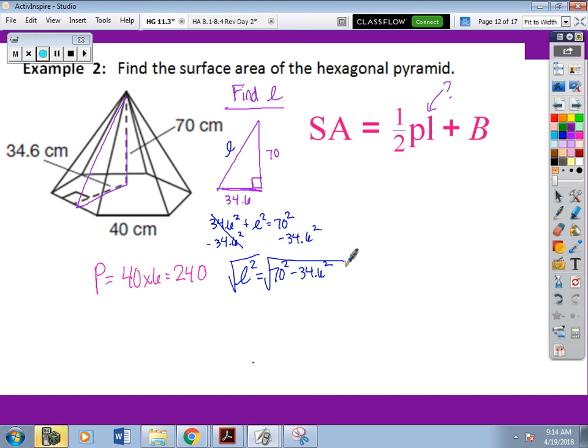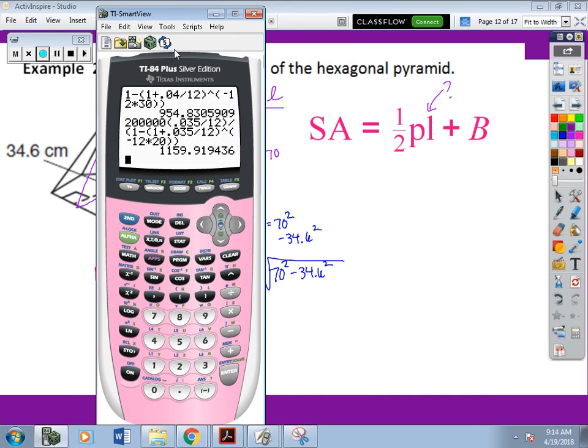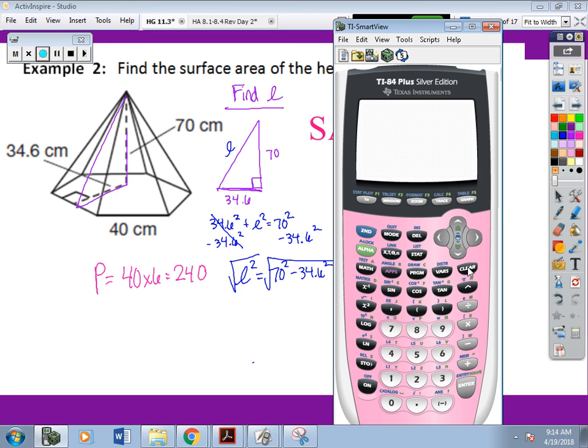So you can just type this in your calculator. But some of you will catch on, and then whenever you do Pythagorean theorem, anytime you're looking for the leg, you just have to take the square root of c squared minus, for example, a squared. And then that way you don't have to get a bunch of decimals and write them out every time. How many of you are following what I just said?